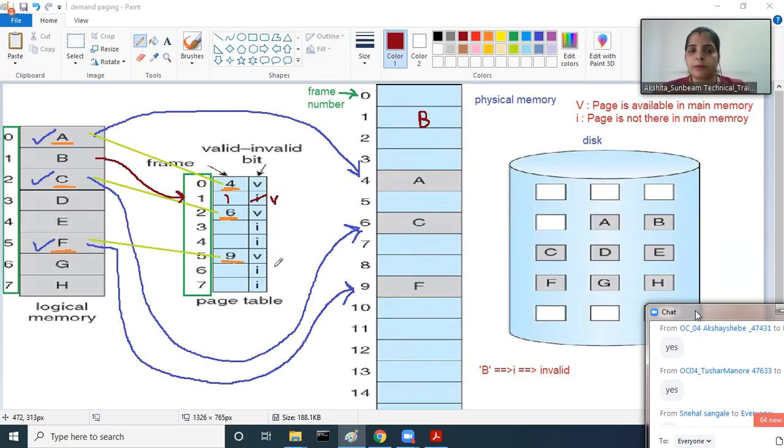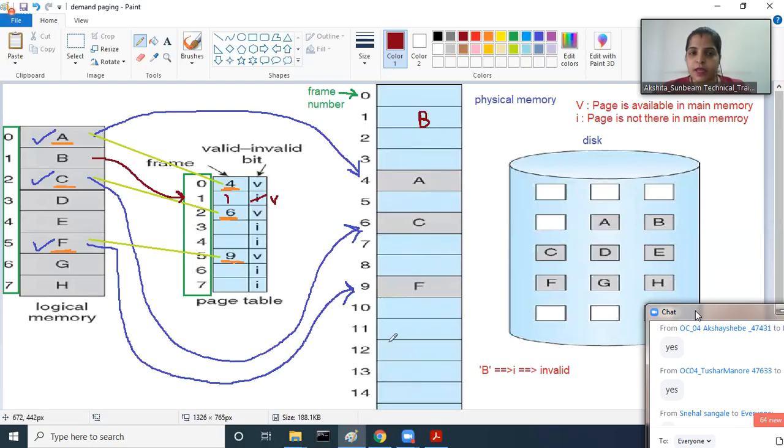Also, suppose inside the process, page B has been demanded. If page B has been demanded, it checks inside your page table. The initial entry was I, which indicates invalid, meaning the page is not available.